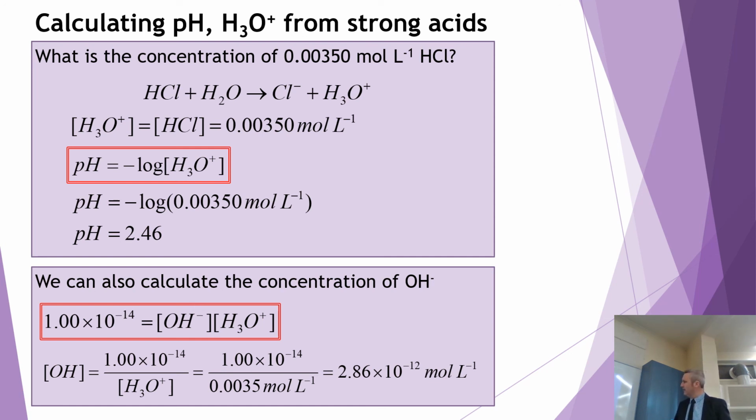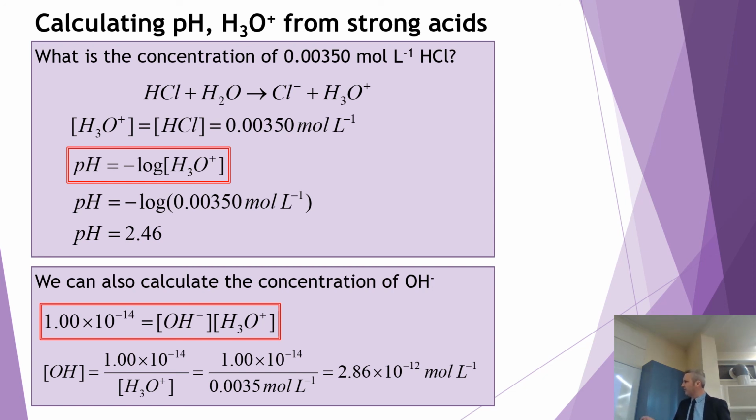If I was to do the negative log of the OH minus concentration, the number will be 11.54. Now, how do I know? It's the pOH. If I'm doing the negative log of the OH concentration, it's called the pOH.